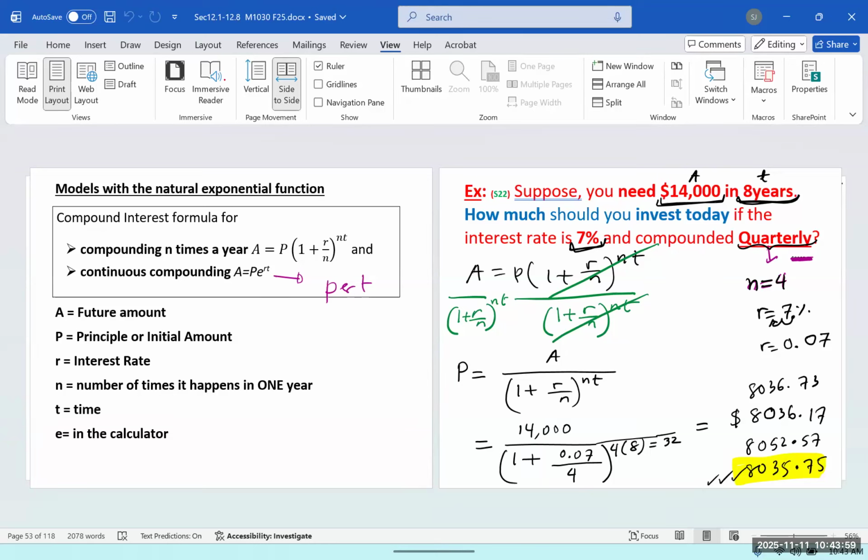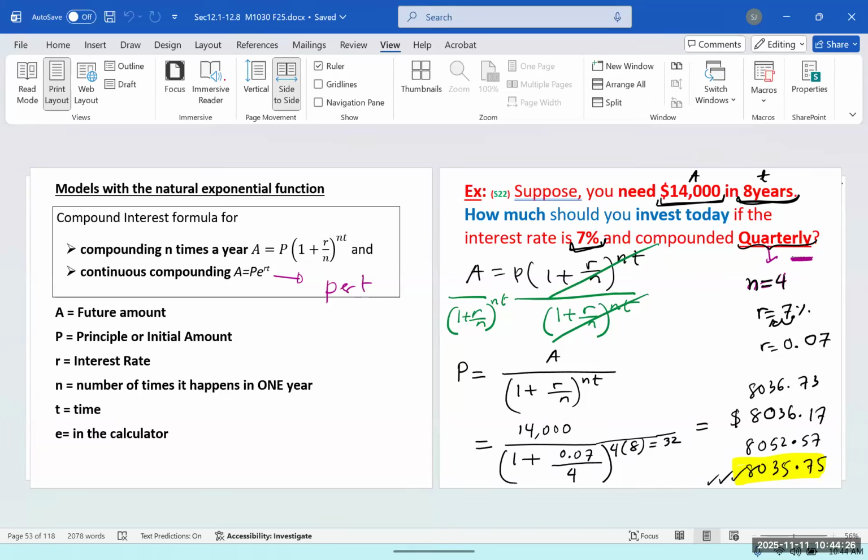You can see your N, like if you compound weekly, monthly, annually, daily, you have a number for those scenarios. So you use the first formula where N is those numbers. The second scenario is when you compound continuously. When you do something continuously, there is no way you can put a number for it, so you have to use the second formula.